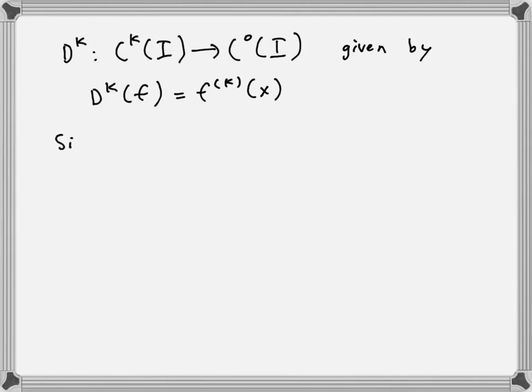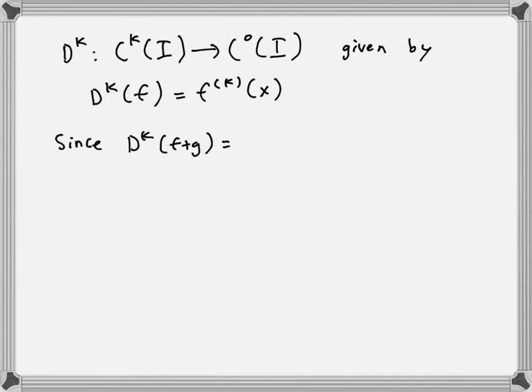Now, what is special about this D map, right? In this case, we have a D to the K map. D to the K of F plus G is equal to the kth derivative of F plus G. Sorry, I wrote that wrong.